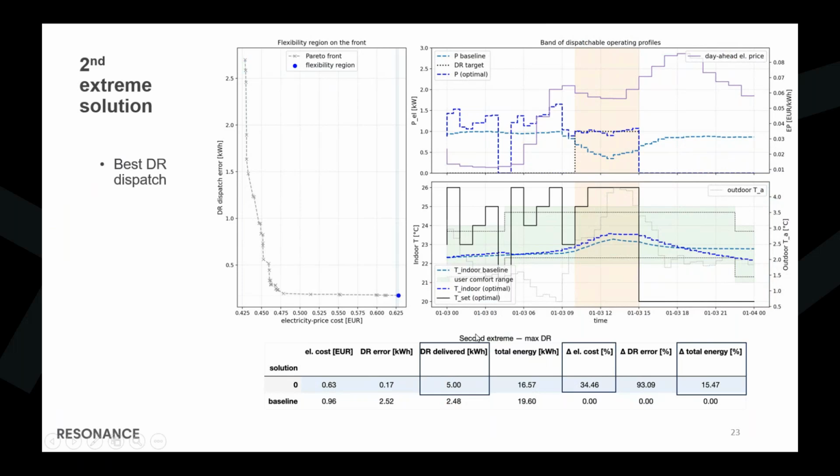The temperature stays in its predefined comfort ranges. Again, if we want to put this into numbers, we can see that this optimal solution delivered exactly 1 kilowatt as it was requested. Although we can see here some oscillation variation, which means that the power consumption doesn't always have a straight kilowatt right here, and this is actually due to temperature increase, and then the COP increases and the power consumption decreases.